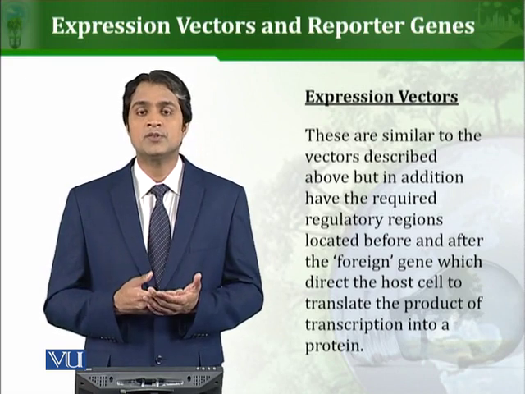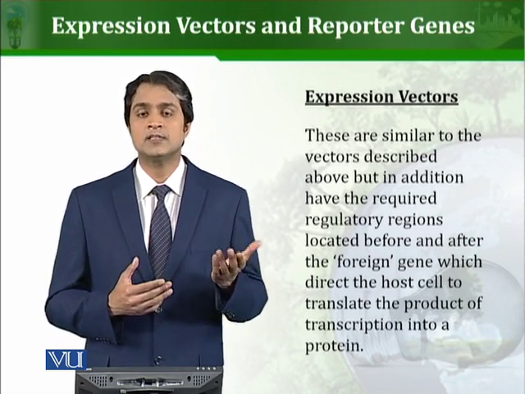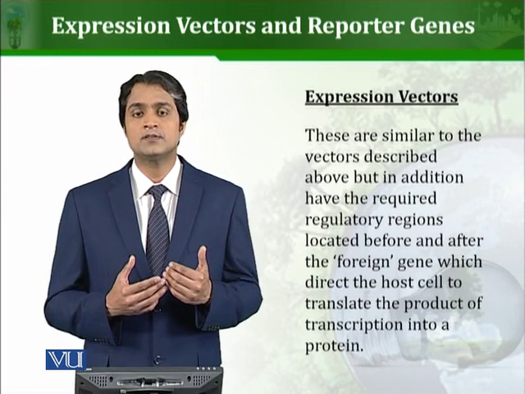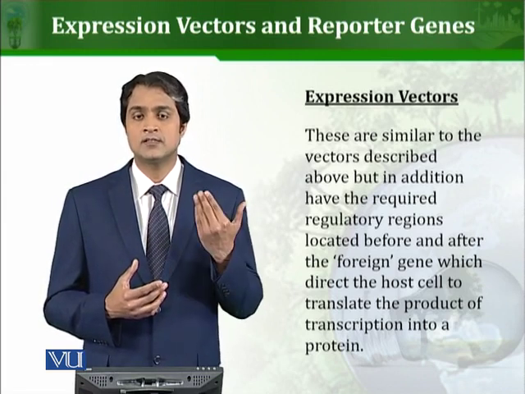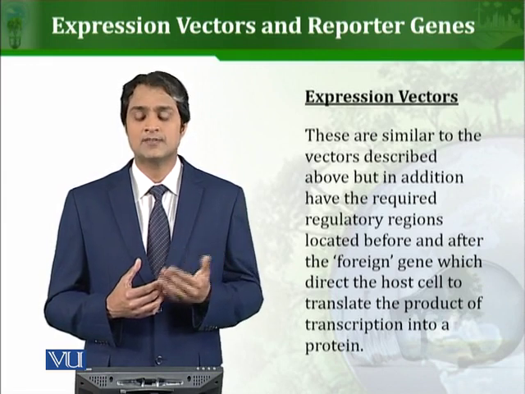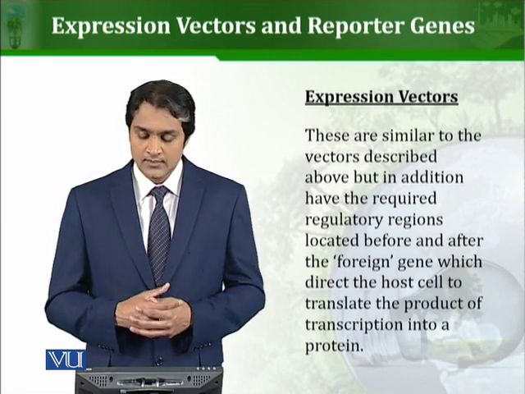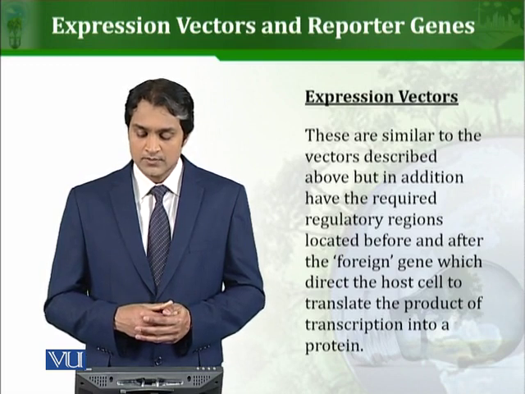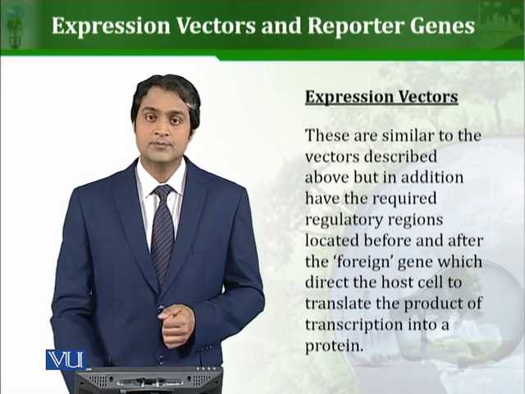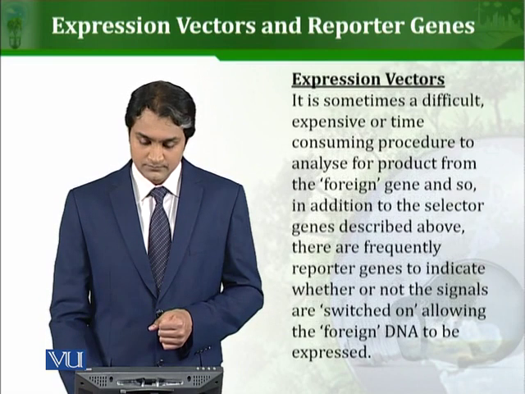So if we have a promoter region upstream of the insertion point of the gene of interest in the vector, chances are that the inserted gene will be transcribed. So you can see here that it has different regulatory regions located before and after the foreign gene, which directs the host to translate the product of that gene.